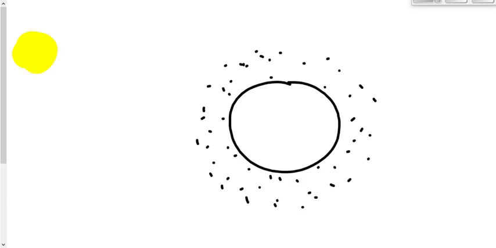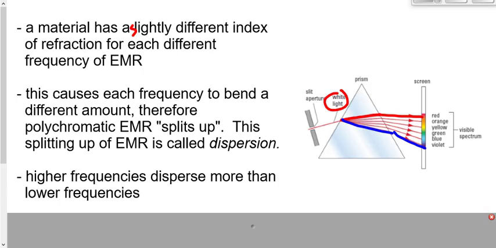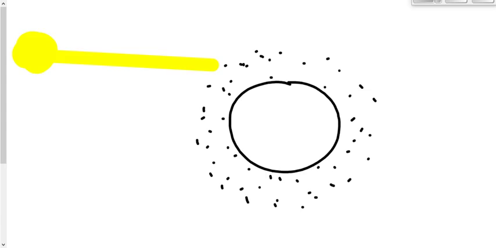Now, this yellow light, or we usually call it white light, coming from the sun, let's look at one ray of it, like this. When it hits the atmosphere, it can act as a prism, like a triangular prism. And that atmosphere, with a certain index of refraction for each color, will bend each color a certain amount.